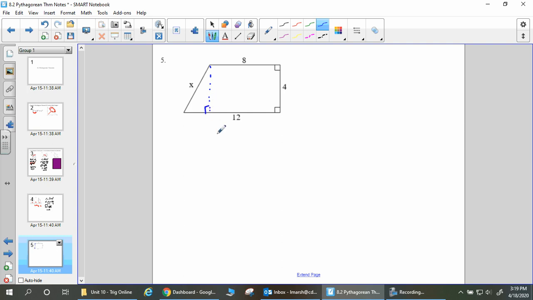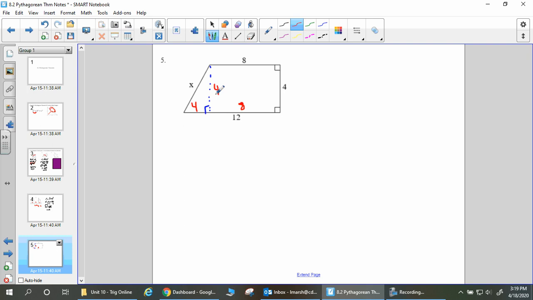I can sort of make my triangle, and we can remember that if I have a rectangle, the left and right sides are the same. The top and bottom are the same, right? And if the whole bottom was 12, 12 minus 8 also gives me 4. 4 plus 8 goes back to being 12.